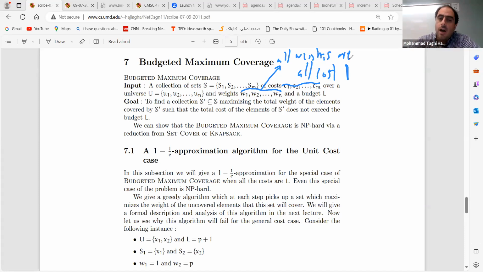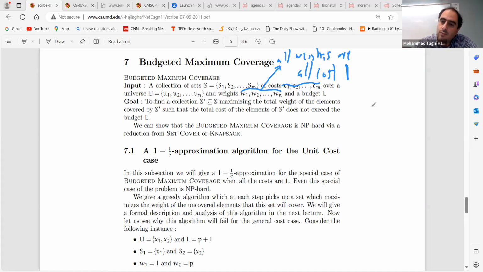This problem is NP-hard via a reduction from set cover. Why from set cover? In set cover, what was the thing? You want to find the minimum number K of sets such that you will cover all the elements.